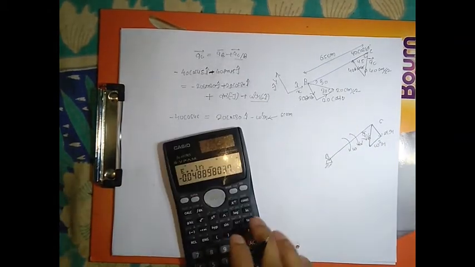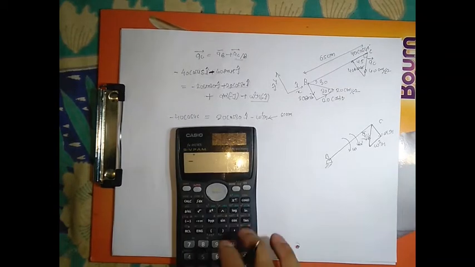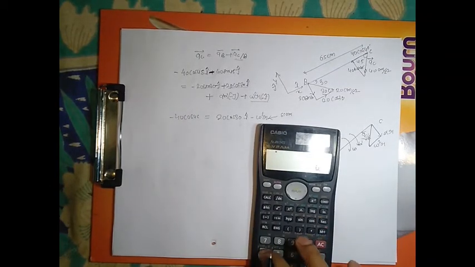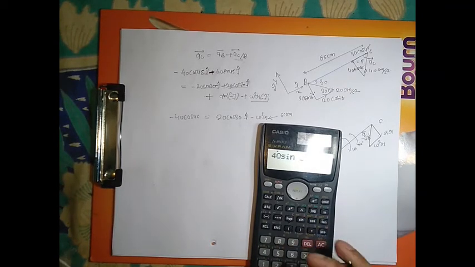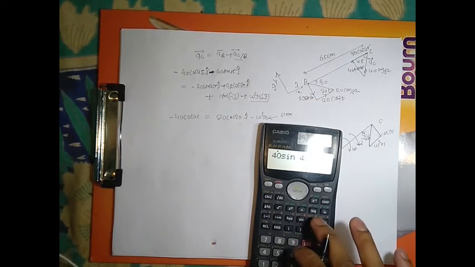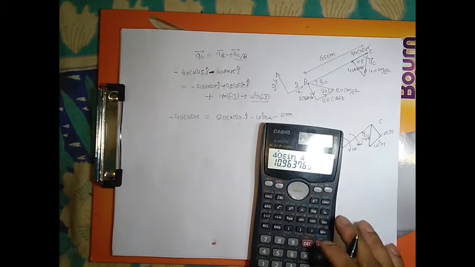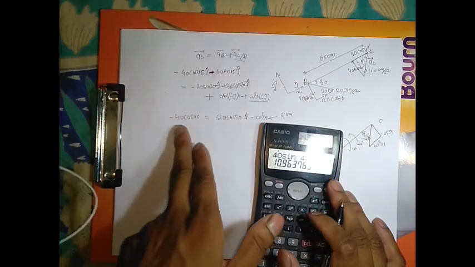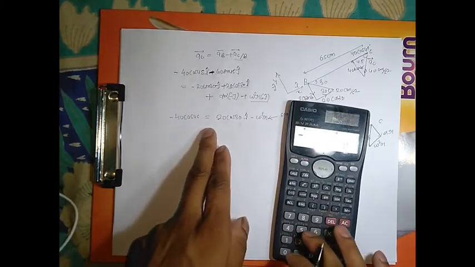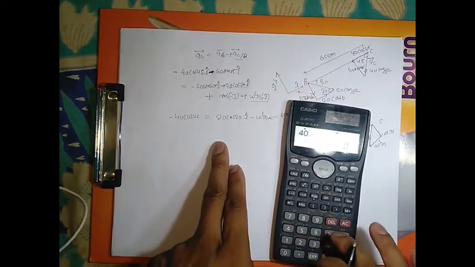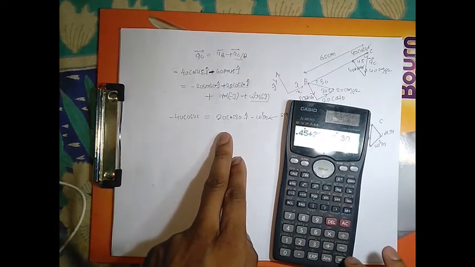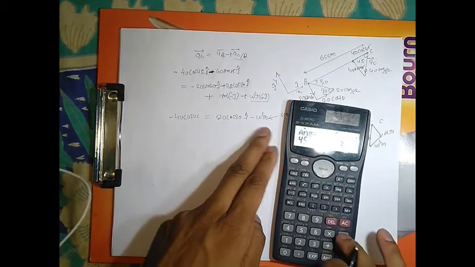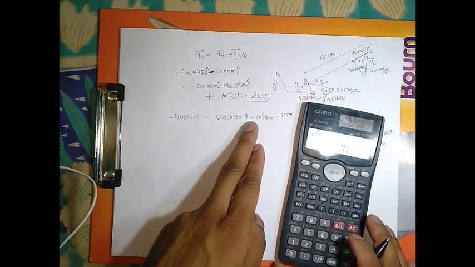I am solving in front of you. This will be plus, because both are minus, so they will be added. So omega square equals 40 cos 45 into cos 45 plus 20 cos 30, divided by r, which is 65 centimeter, because the minus will get cancelled.